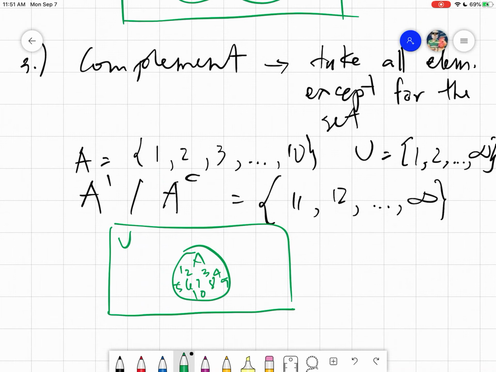So, ang kukunin mo, lahat bukod doon sa A. Ibig sabihin, ang isa-shade ko dyan, lahat ng nasa universal set except for A. So, ito yung A prime or yung tinatawag natin na A complement. And this is how you represent the complement. You take everything but the set, bukod sa set. Okay? I do hope that's kind of easy on you. Kasi actually, madali lang naman yung complement.